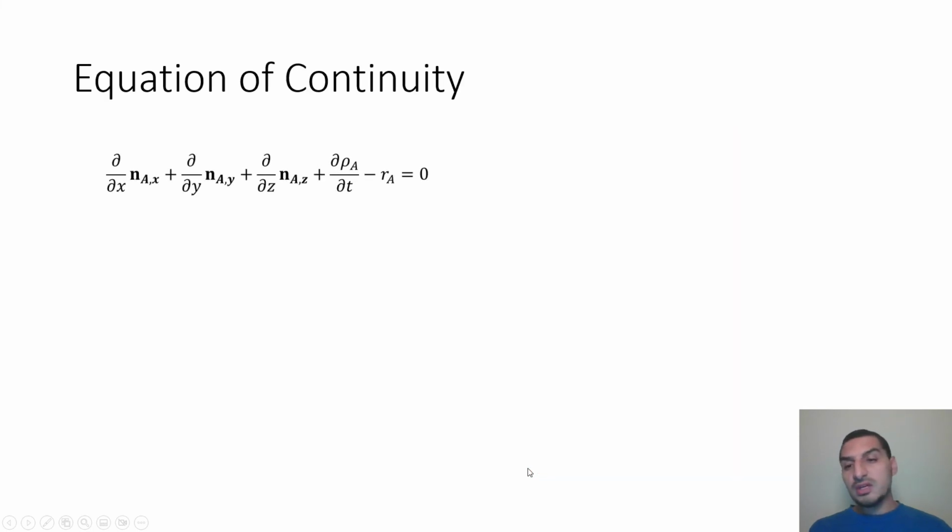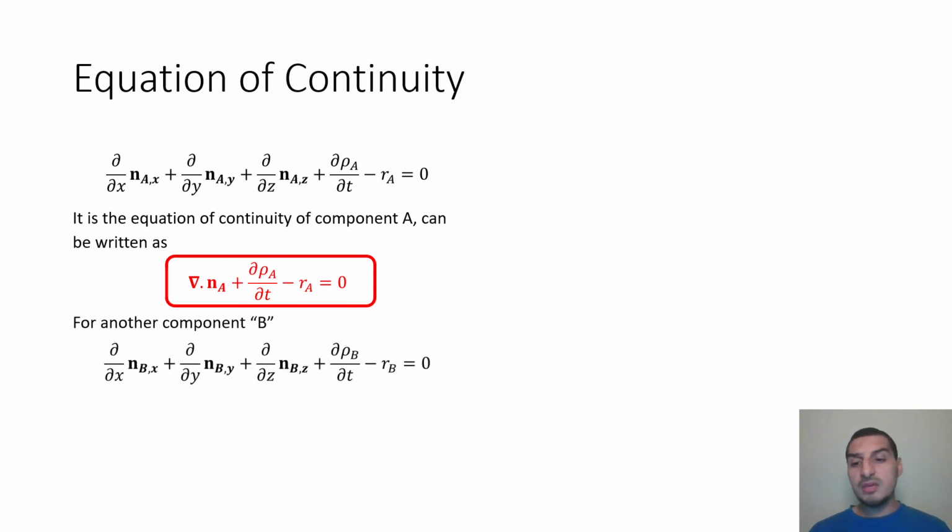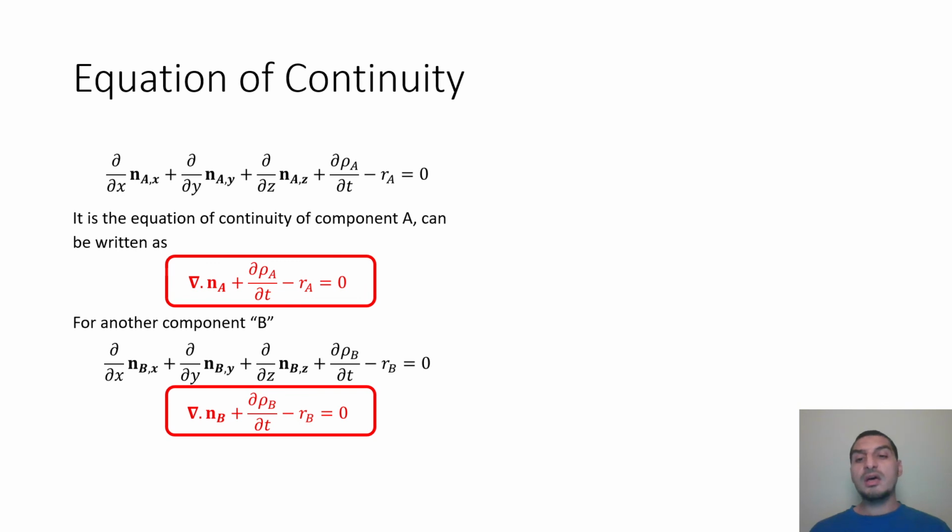If we take a closer look at the first three terms, this is what we define as the del dot NA. So this is the equation for NA in the three dimensions, and the same can be applied for component B in the three dimensions. We can also do the same with molar units.